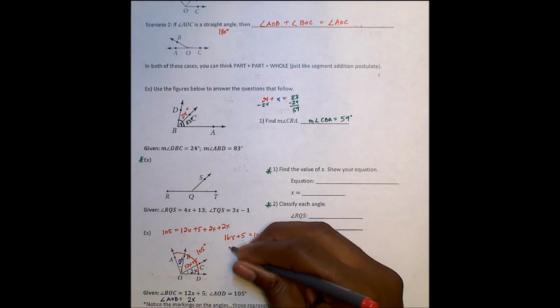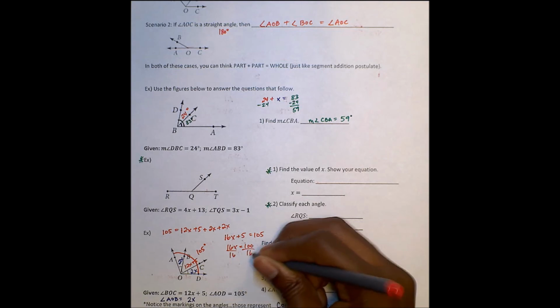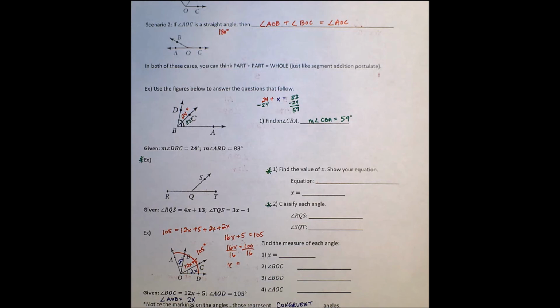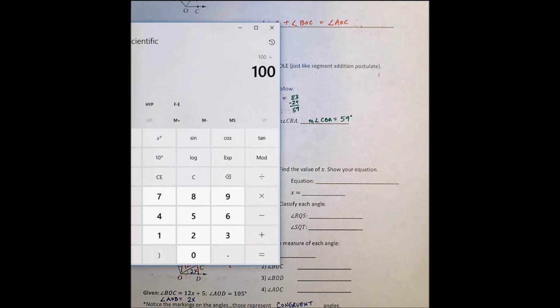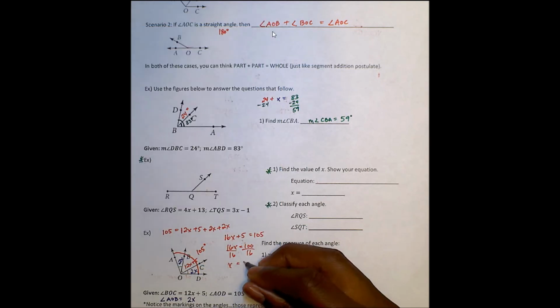Subtract 5 from both sides, so 16x equals 100. Divide by 16, and x will equal 6.25, or 6 1/4, either way.